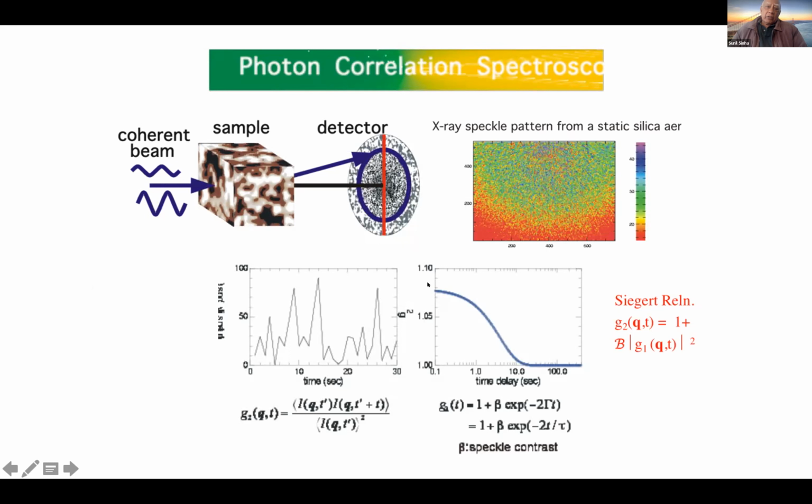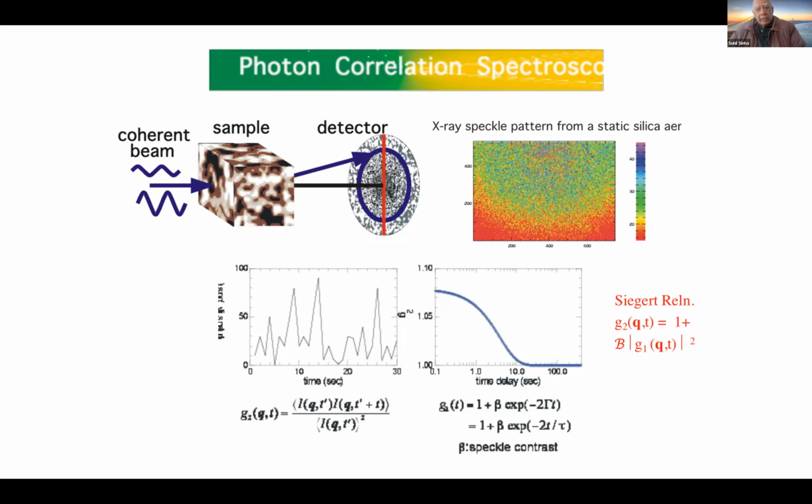And if you do the autocorrelation function of that intensity correlated with itself at a later time, t plus tau, then this gives you a function of tau, which is purely a function of the dynamics of the system that you're studying. In fact, it's the intermediate scattering function, or the Fourier transform of S of Q and omega in time at that particular Q vector that you've selected for your little window.